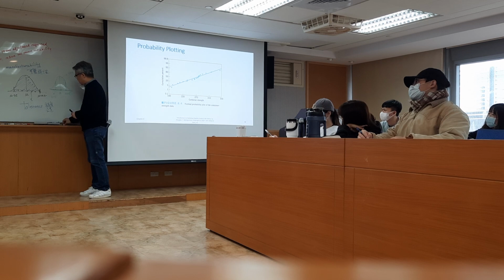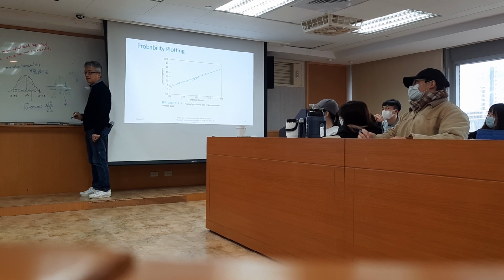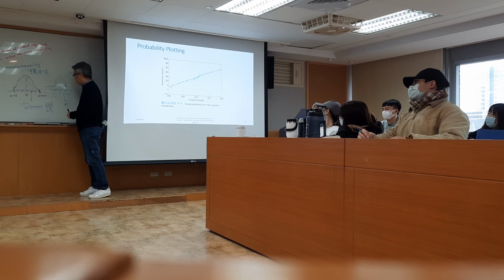So what is the right tail probability? 32 divided by 2 is 16. So from negative infinity to this point is about 84%.